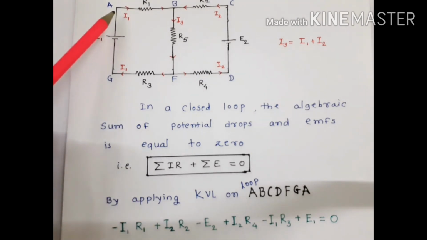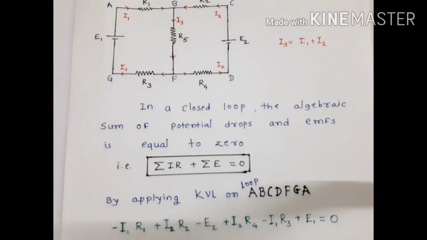Here the path is completed, therefore, according to the statement of Kirchhoff's second law, the algebraic sum of potential drops and EMFs is equal to 0. This is Kirchhoff's second law.